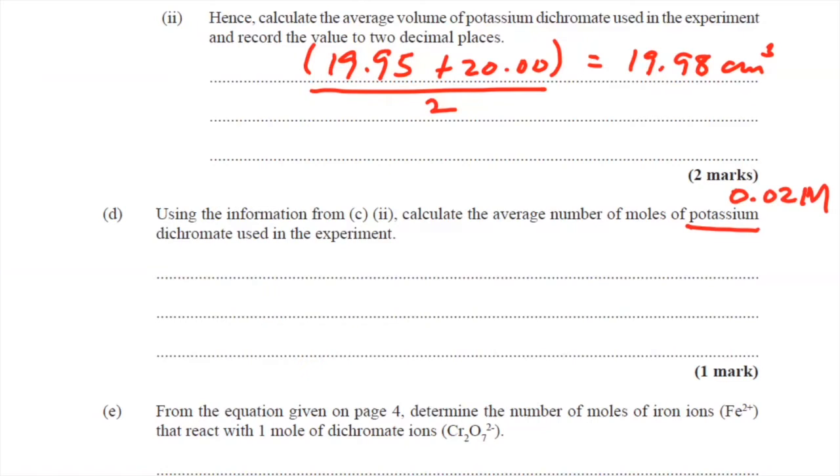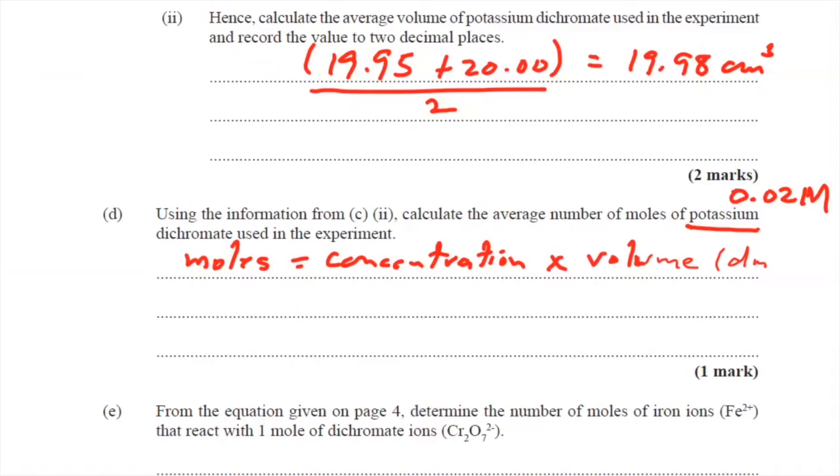So there's a formula for this, so we can just cite that formula and then we punch in our numbers accordingly. So the formula says moles is equal to concentration, which is in moles per dm cube, times volume. Concentration times volume. And volume here is in dm cube.